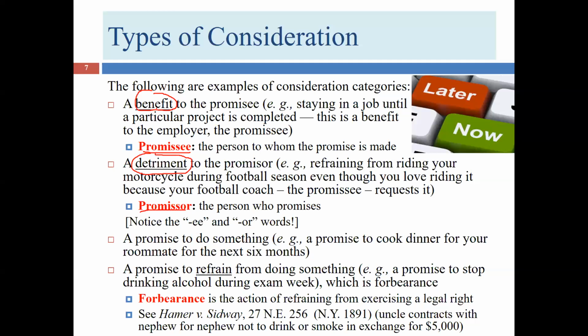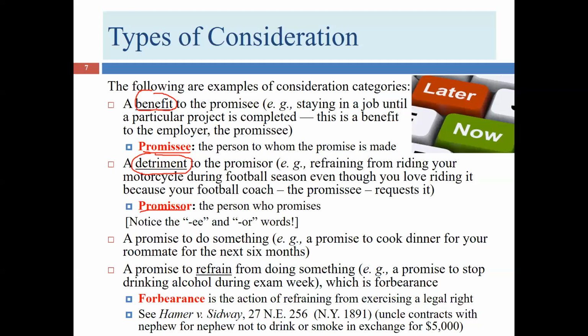But it doesn't have to be both a benefit and a detriment. It could be just a detriment to me if I'm the promisor, or it could be just a benefit to the promisee. Let me give you an example of this. So let's say that the promisee says, I'll pay you $100 if you will not chew any bubblegum over the next 30 days.